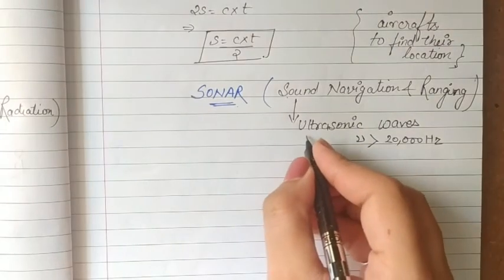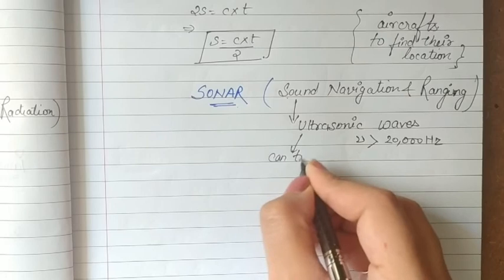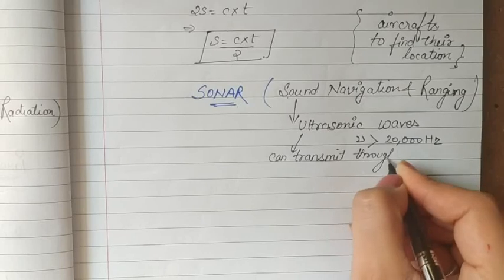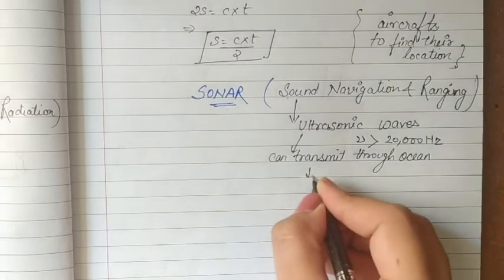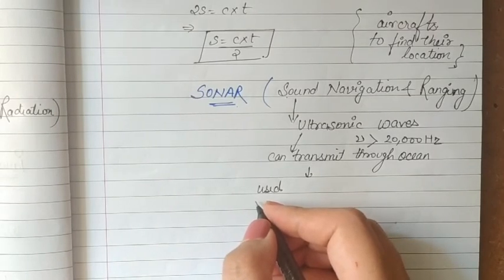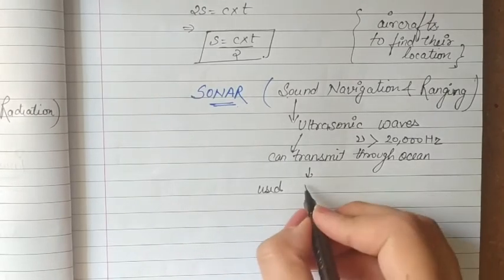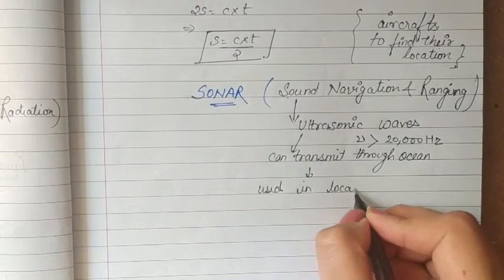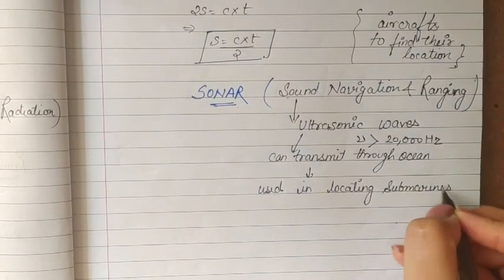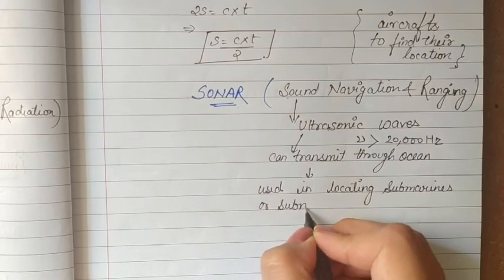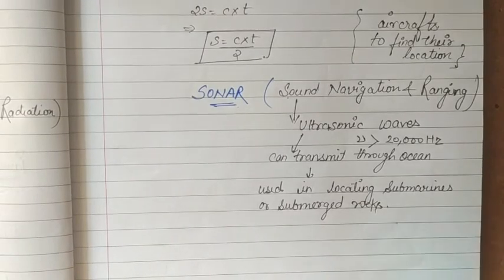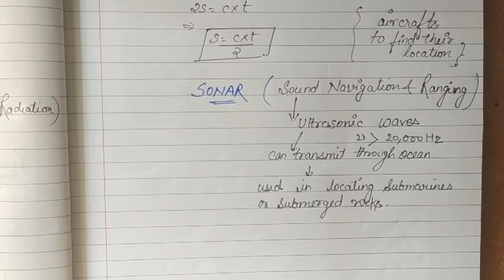So these ultrasonic waves can transmit through ocean, so that's why these are used in locating submarines or in locating some submerged rocks. As submarines and these submerged rocks are capable to reflect these ultrasonic sound waves, so this method is used.